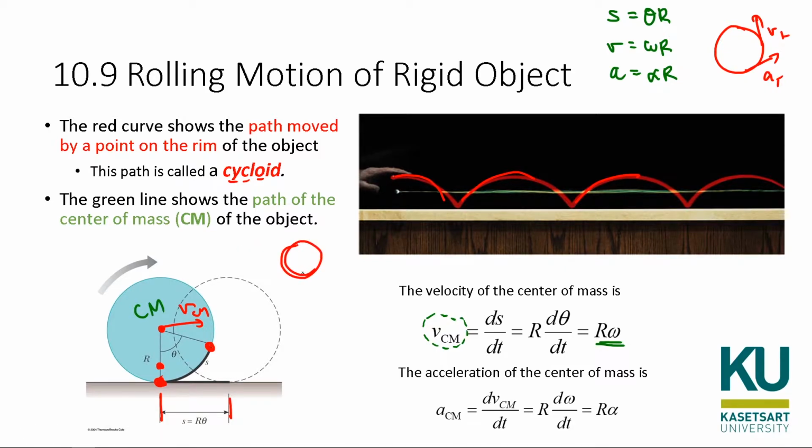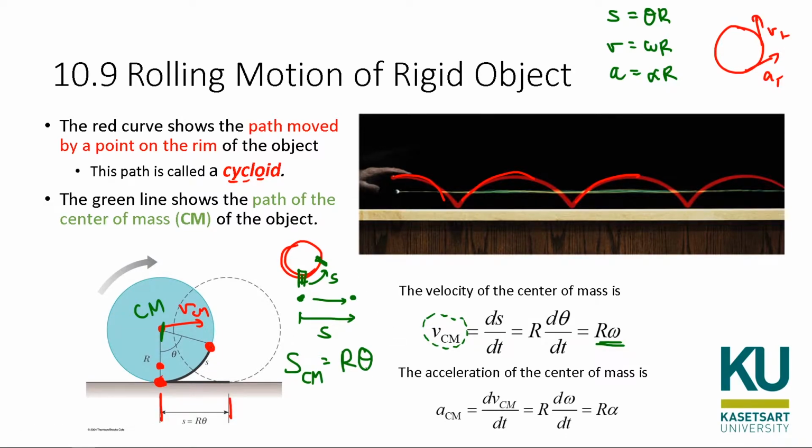If you have this position as a mark, and it rolls, it keeps moving a distance s, which is also a linear distance s. You see the center of mass moving from this point to this point, similar to a point at the rim rotating for s. So you can link this center of mass movement s to theta, the angle that the spherical or cylindrical object rotates.